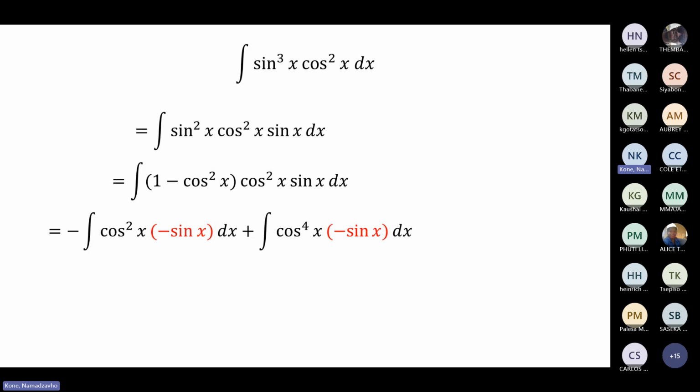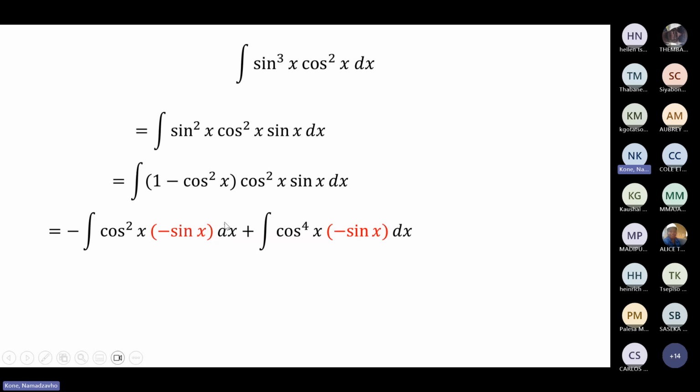And we do that by finding that the derivative is minus sine x, which you see in red here. That is why we have a negative outside, to compensate for the negative sign that we have to introduce, because the derivative of cos is minus sine. And then this negative which was there gets inside here and sits with sine x to give this red thing that you see there.